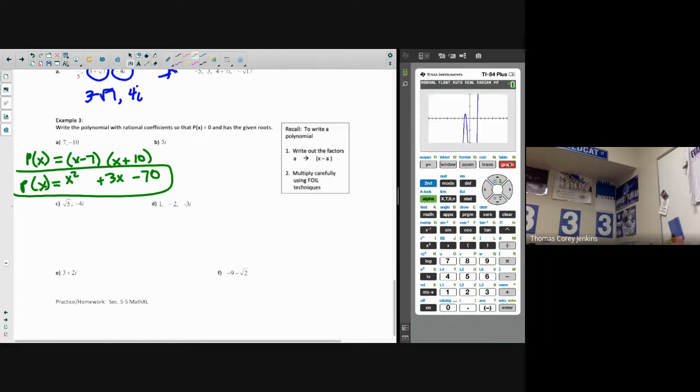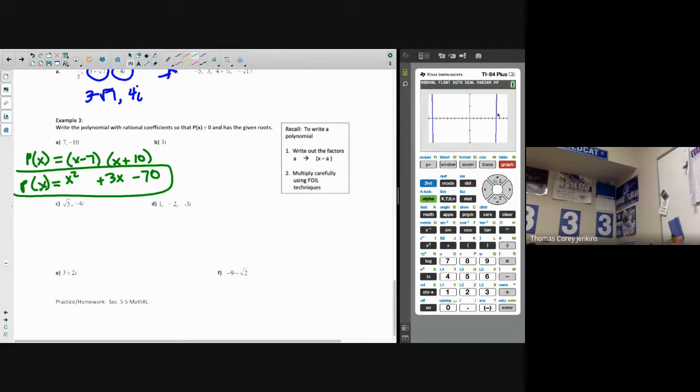I forgot to type it in, sorry. So x squared plus 3x minus 70. Graph it, and there you see our negative 10 and our positive 7. So then you know it works.